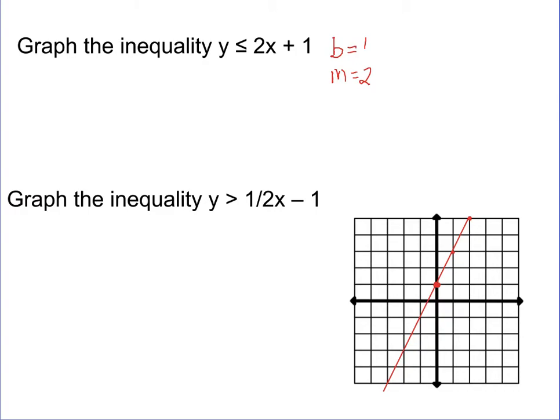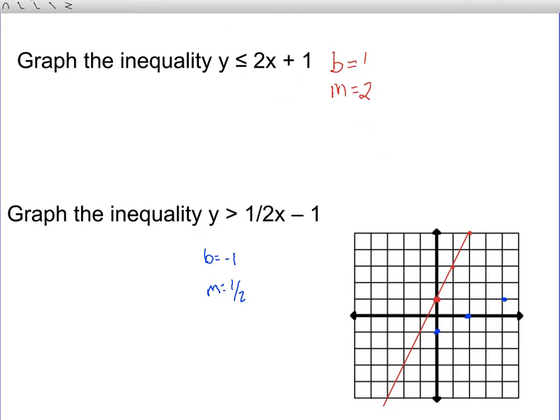We'll do this one in blue so that we can keep the lines separate. This one, the y-intercept is -1 and the slope is 1/2. So -1 for the y-intercept, and then up 1, right 2 for the slope.